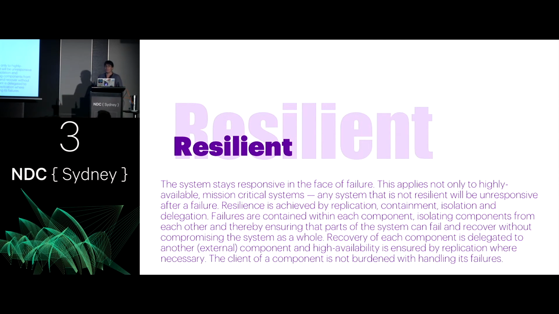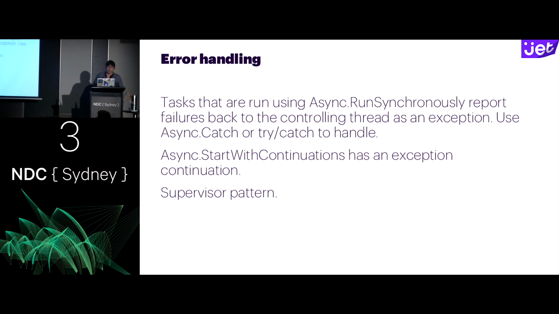If you have an app that's not responsive, that throws errors all the time and can't figure out what's going on, it's very annoying and obnoxious to use. So error handling is an important part of being a resilient, responsive application.